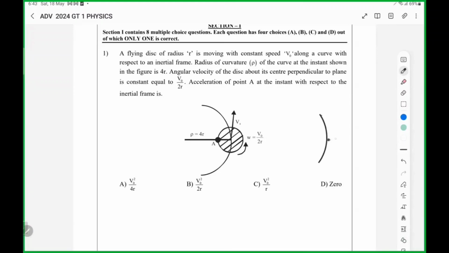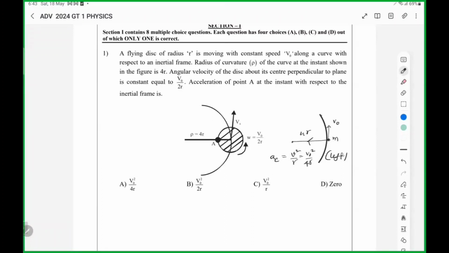Here you have a disk of mass, let us say m. Centripetal force will be towards the center. So it is moving with a speed v naught along the curve. So centripetal acceleration will be v squared by r, that is v naught squared by 4r towards left.